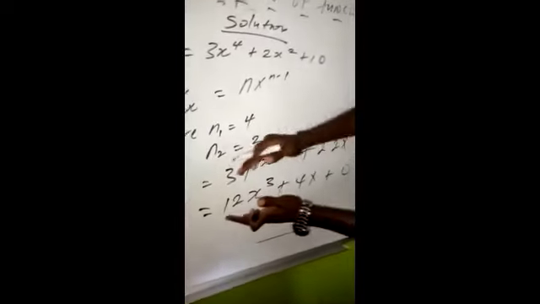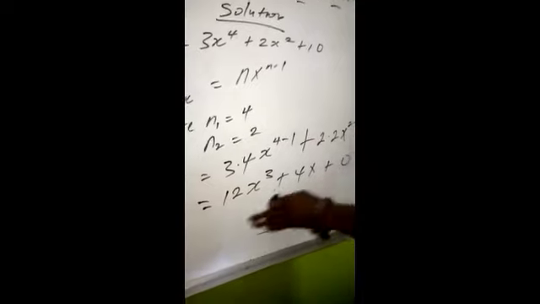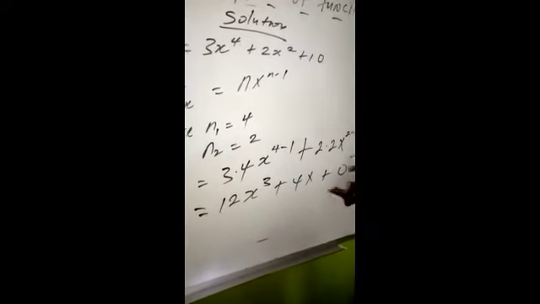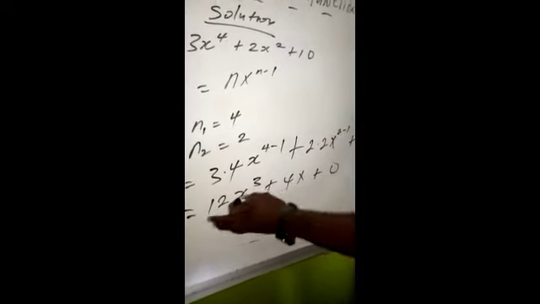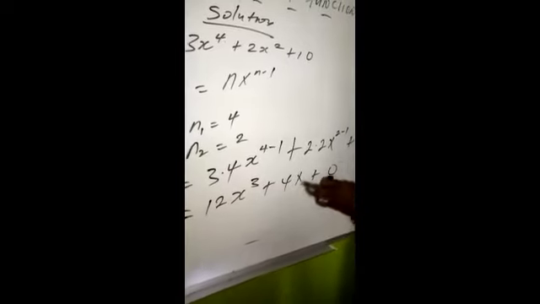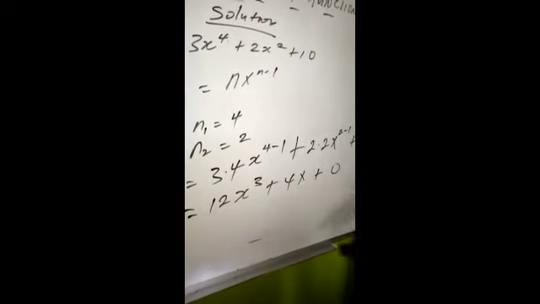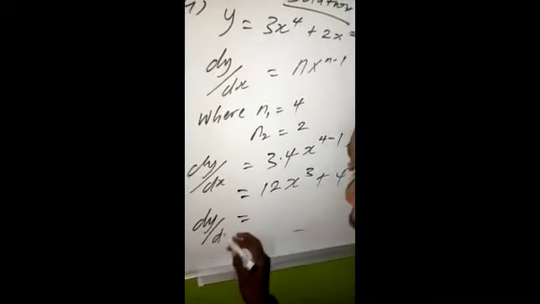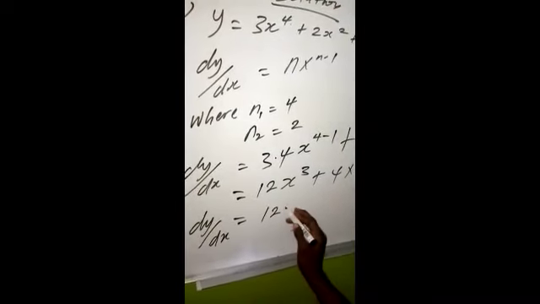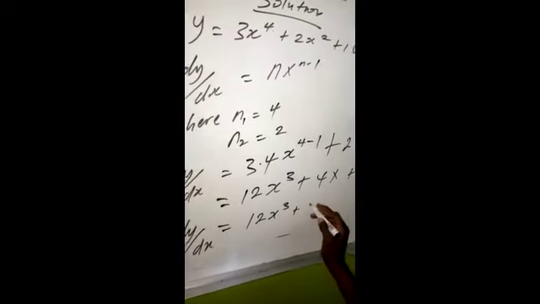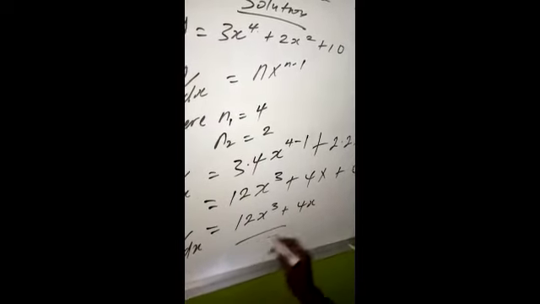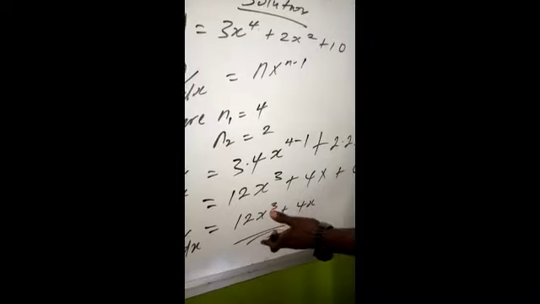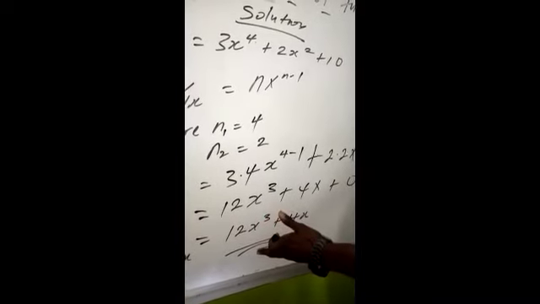And remember, anything you add with 0 is the same number. So dy/ds will give us 12s cubed plus 4s. So this is what you were asked to find. That is how to do it using the general formula.